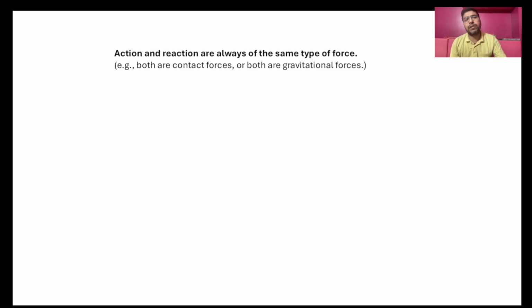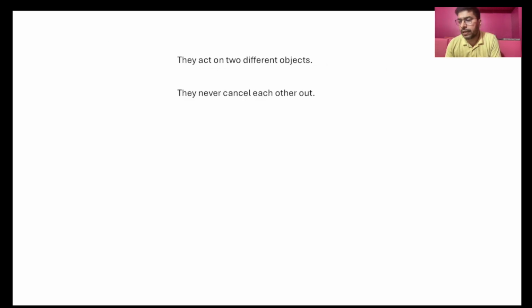It doesn't mean that if one force is gravitational, another force will be electrostatic, or if one force is electrical, another force is magnetostatic. No, both forces must be of the same type. This is also a condition for an action-reaction pair, right? In detail we will understand by an example in which we will discuss a book kept on a table, how the force works.